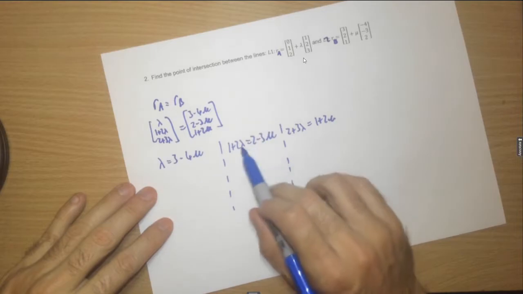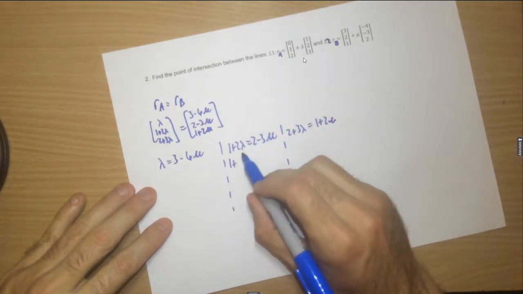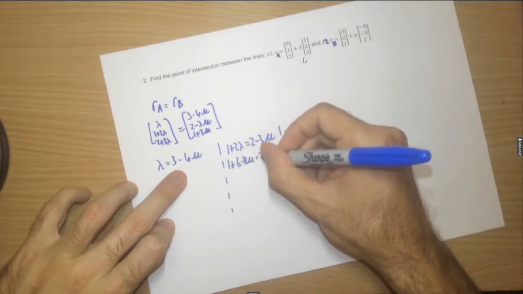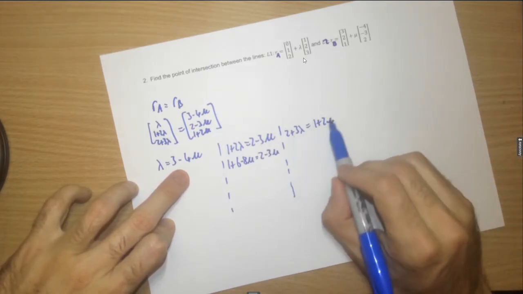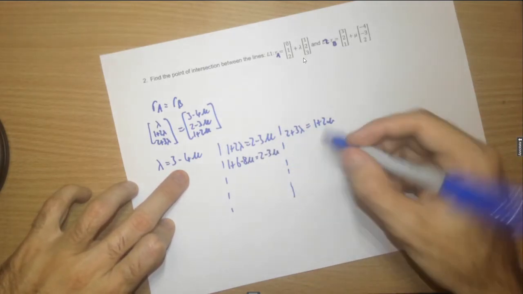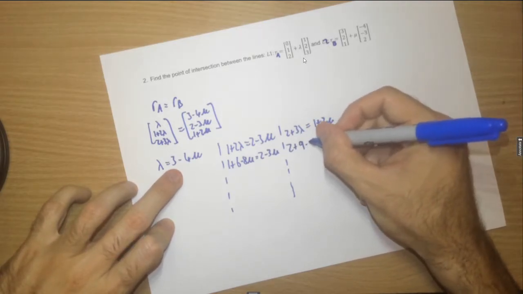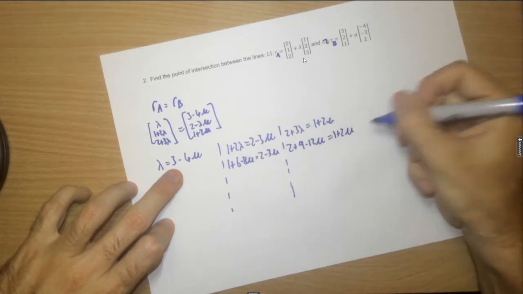So I can just substitute that into the y equation over here. So 1 plus, and then 2 lambdas will be 6 take away 8 mu, equals 2 take 3 mu. And we'll do the same for the z components here. So 2 plus, and now we're on 3 lambdas, so that's 9 take away 12 mu, equals 1 plus 2 mu.